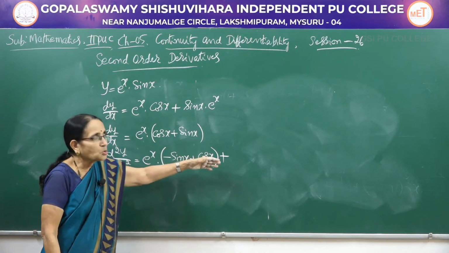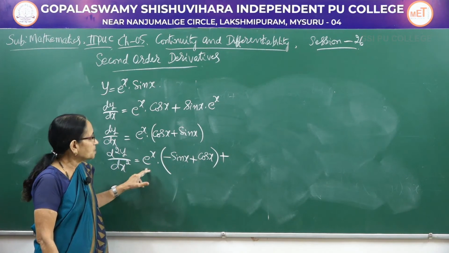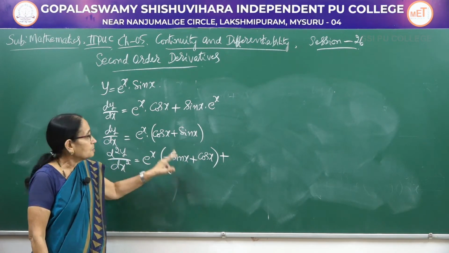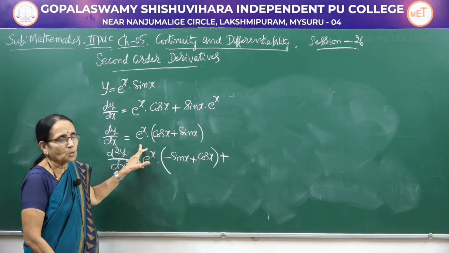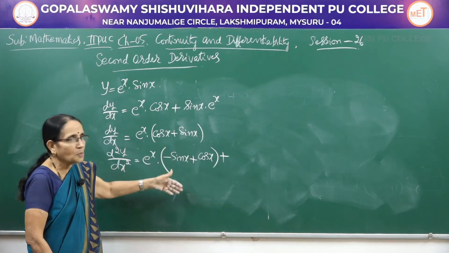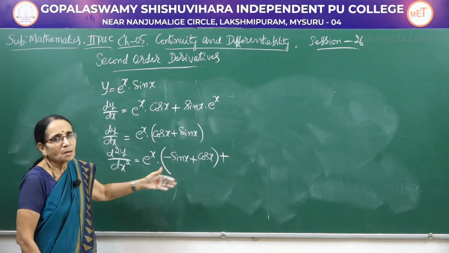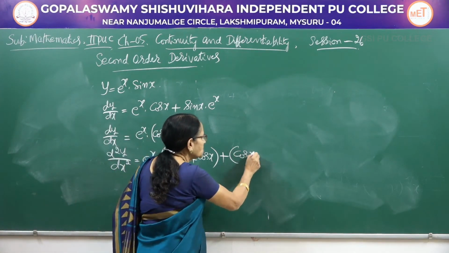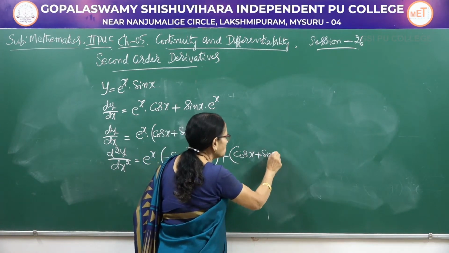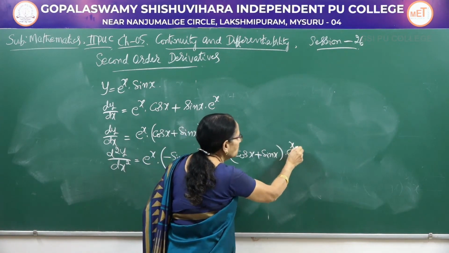They forget to do the next one, that is first function into derivative of the second, plus this is the second function into the derivative of the first you have to. If you don't do that one, it's a 2-mark question, you will not be getting the second mark for this one.